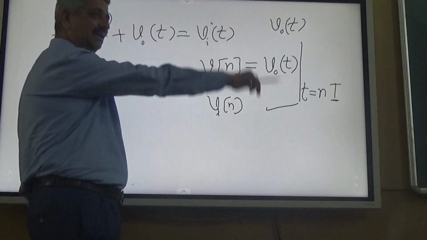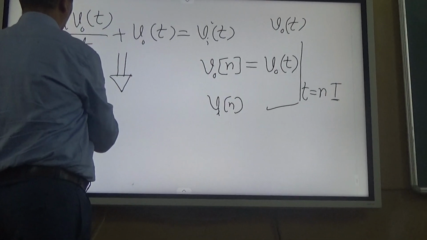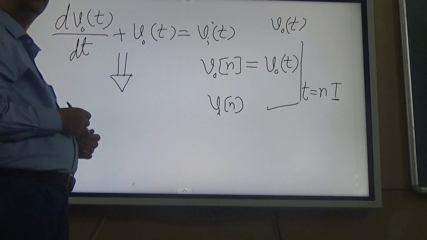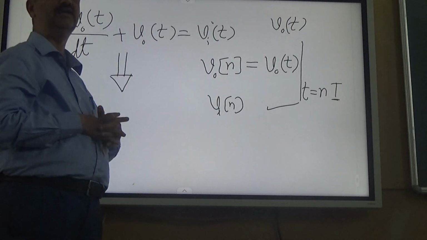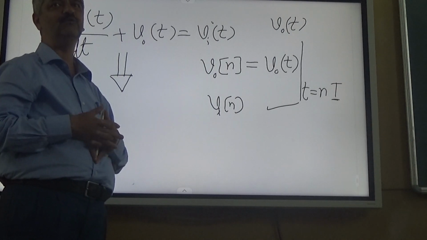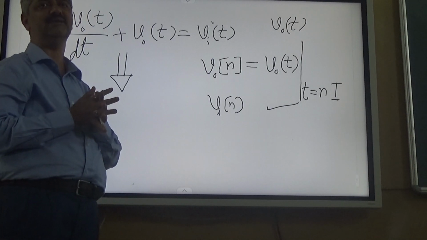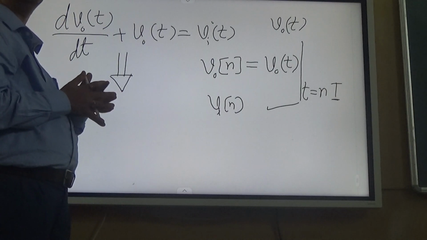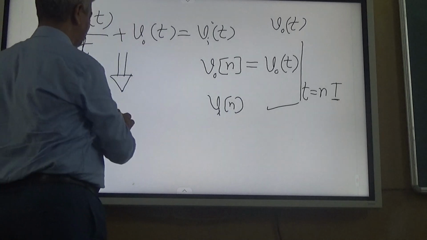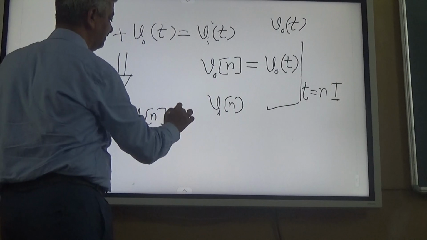Now, if this is the case, then I want to write an approximate equation. What will it be? Using V of n instead of V of t, and V of n, what will be the approximate differential equation? What is V of t? V of n directly. What is V in t?